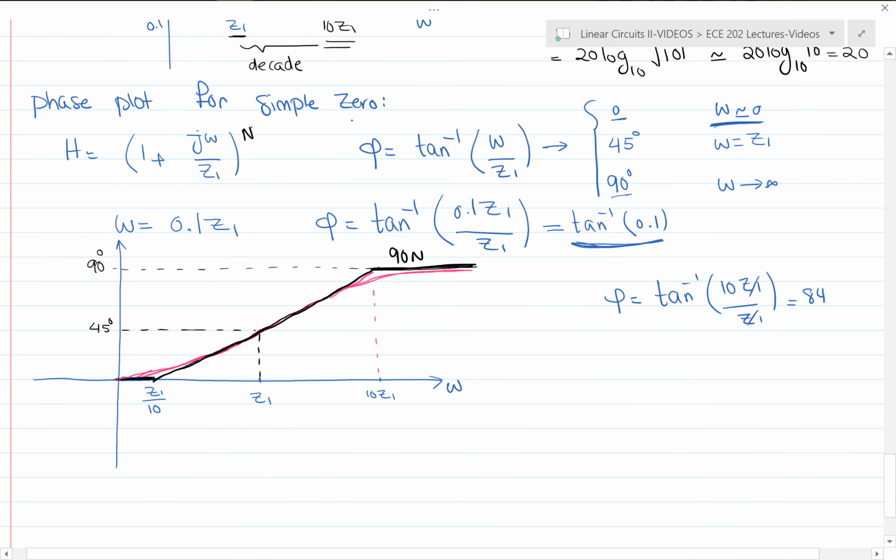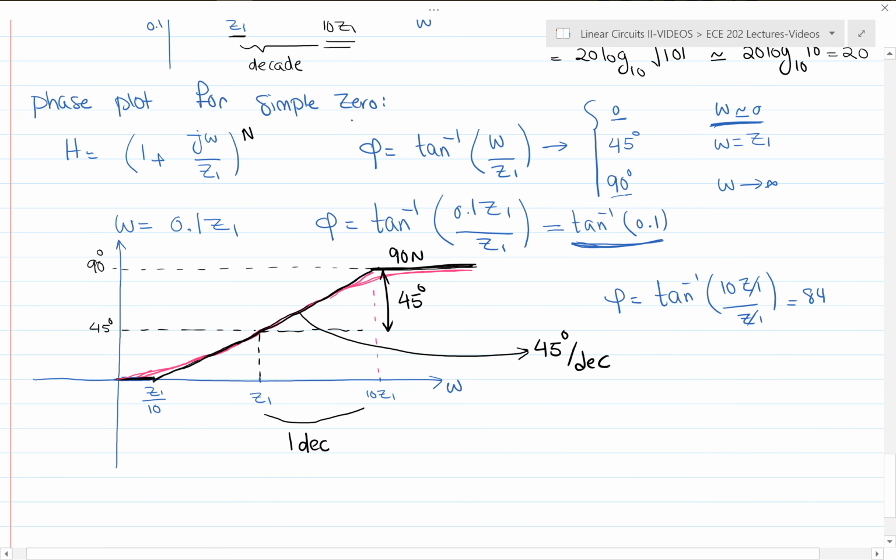Okay, so if I want to find the slope of this sketch, see here, we have 1 decade, right? And in this 1 decade, how much does the phase change? It changed 45 degrees. So we can say that our slope here is 45 degrees per decade.